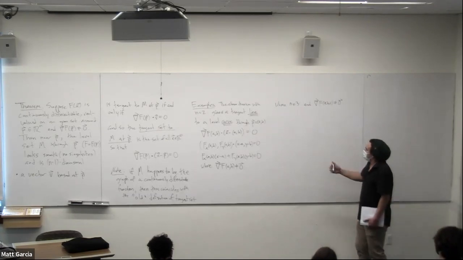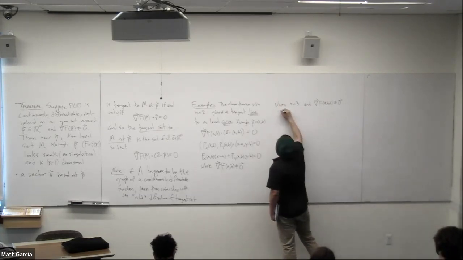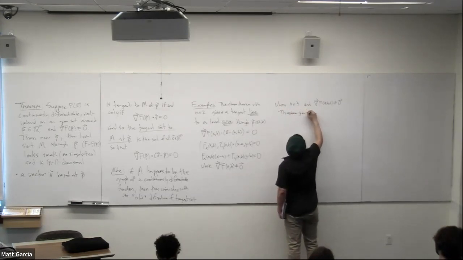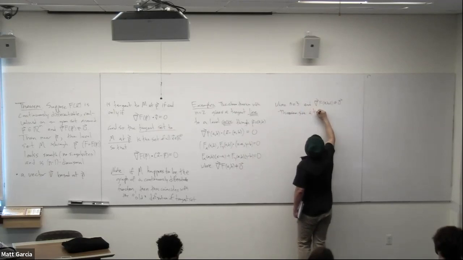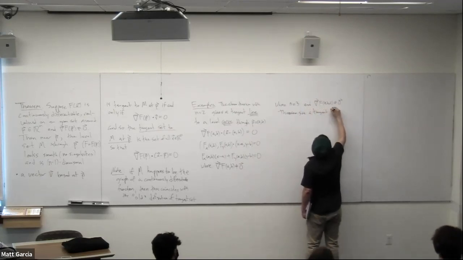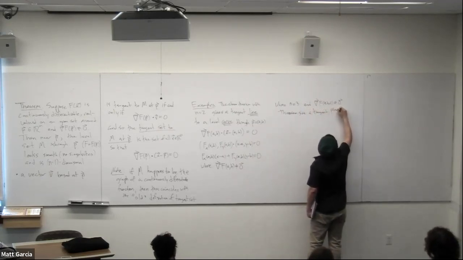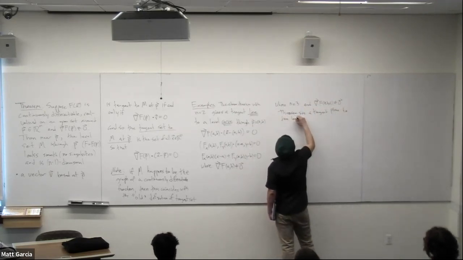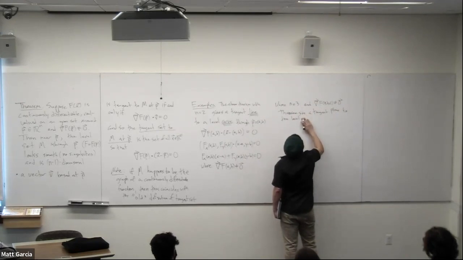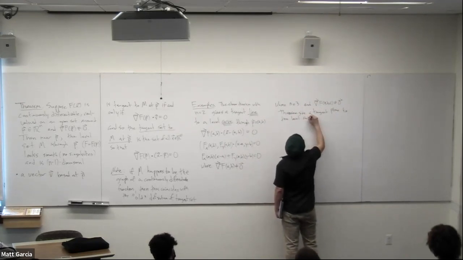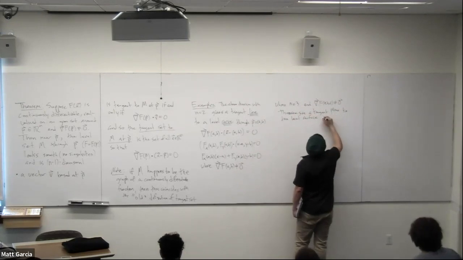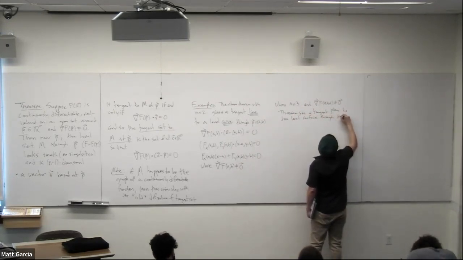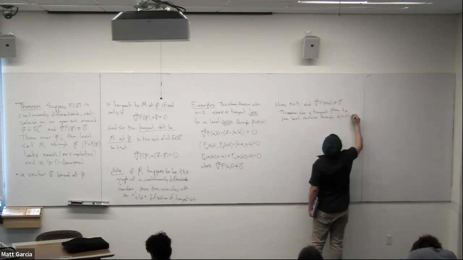Okay, so when n equals 3, the theorem gives a tangent plane to the level curve, I'm sorry, level surface, through the point a comma b comma c.